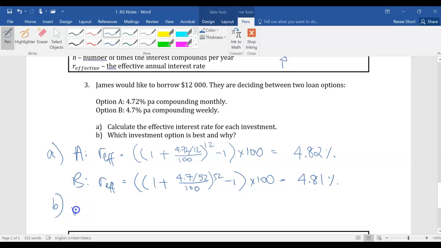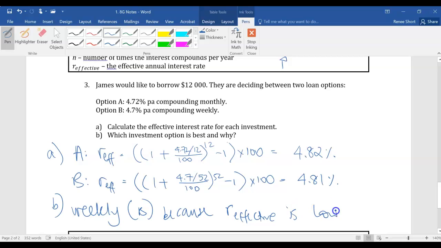Okay, so I'd be picking the weekly option B because the effective rate is lower. Even though that's compounding weekly, which might be an argument for me to not pick it on face value and be scared by it, in that case, it is the better option.